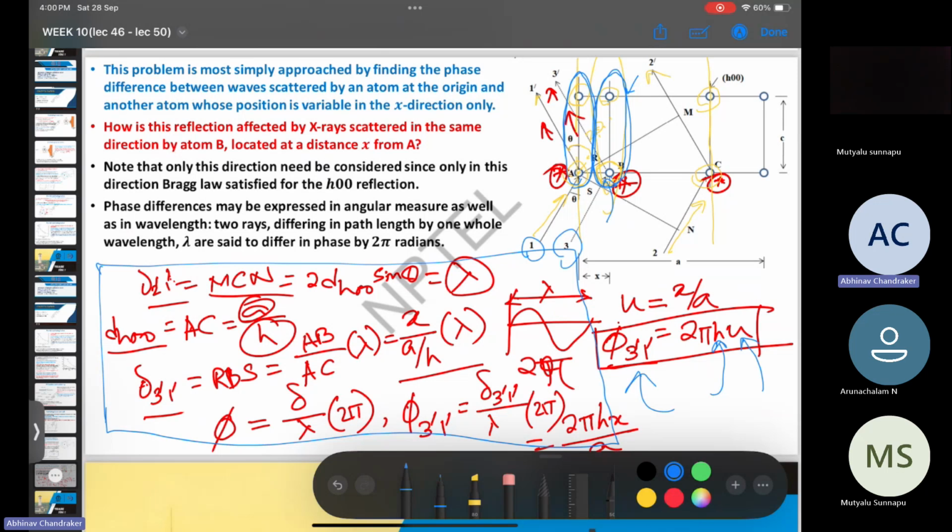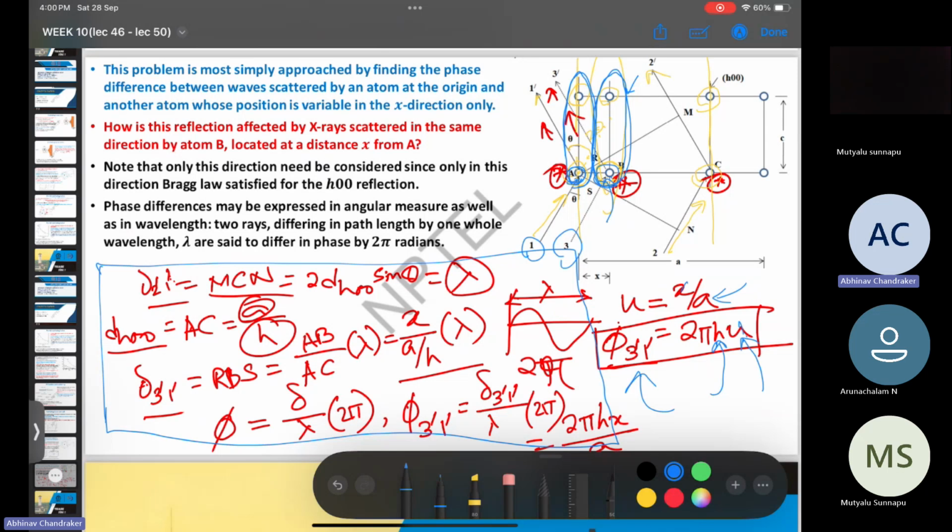You can understand it as x by a. If a is the lattice parameter, then x is the distance between this atom, which is at a fractional coordinate, and this atom, which you can consider as being at origin. So 2 pi hu will be the phase difference.